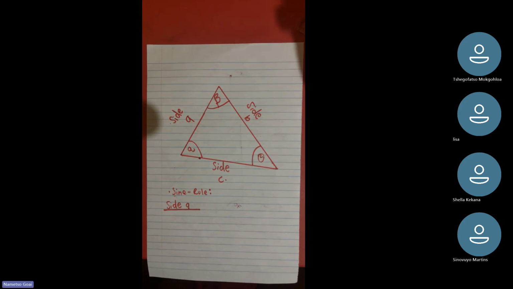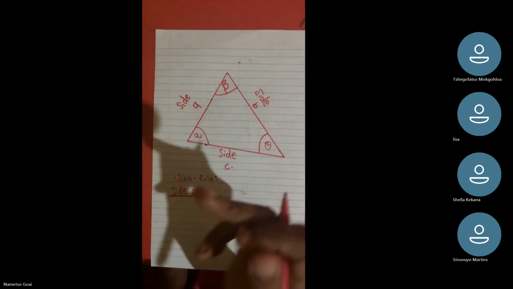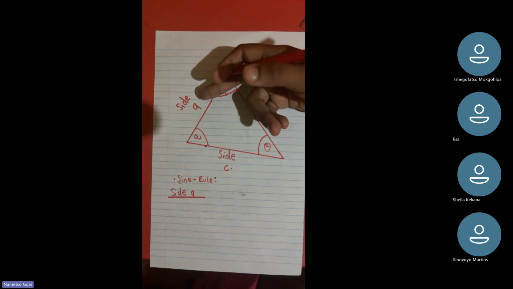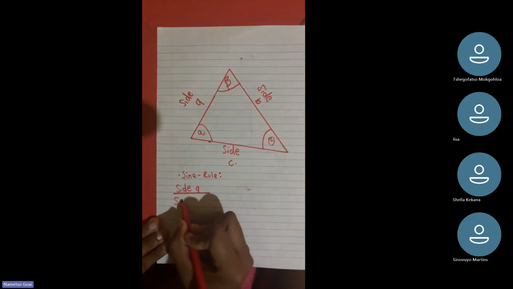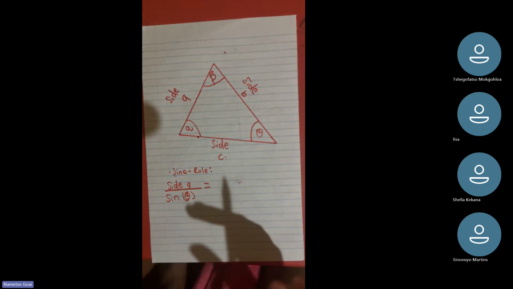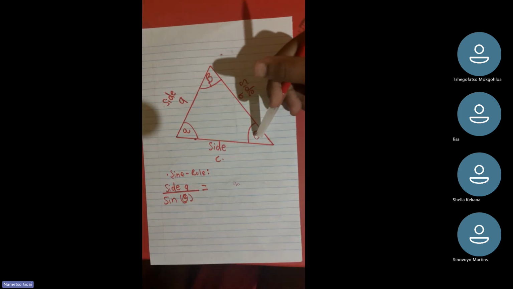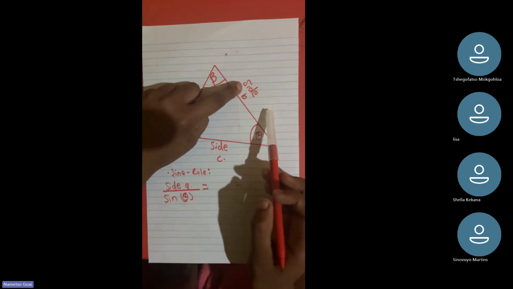Yes, ma'am. Okay, so to find side A, you say side A divided by the sine of the opposite angle. In this case, the opposite is theta. All these are ratios, right? So side A divided by sine theta equals side B.